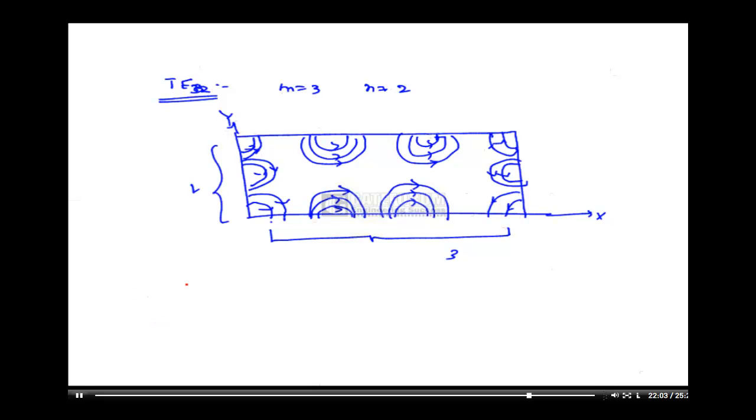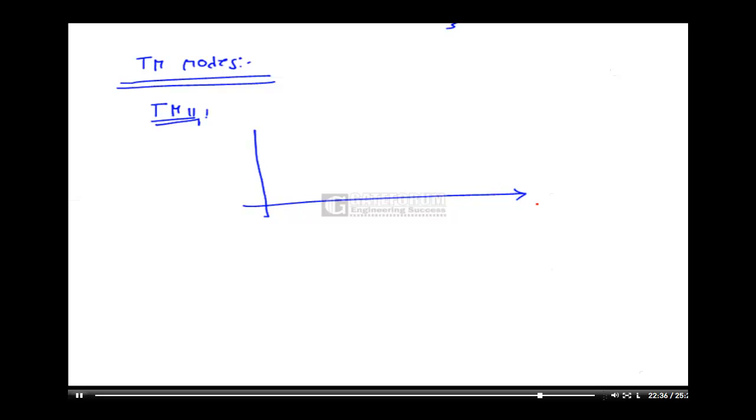This entire thing is for TE. Suppose I want TM modes, how does the front view look? The front view is in terms of circles. What is the lowest possible TM mode? The lowest possible mode is TM11. The front view looks like this: along the x-axis 1 circle, along the y-axis 1 circle.